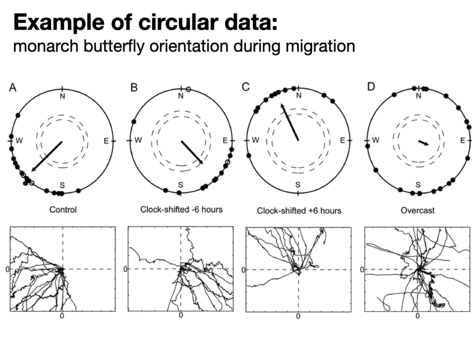So the data, you can see them plotted on these compass plots, right? We've got north, south, east, and west. We've got these data points. These are like histograms, but they're histograms for circular data. They're showing you the distribution of where the monarchs oriented themselves, where they tried to fly during these experiments.